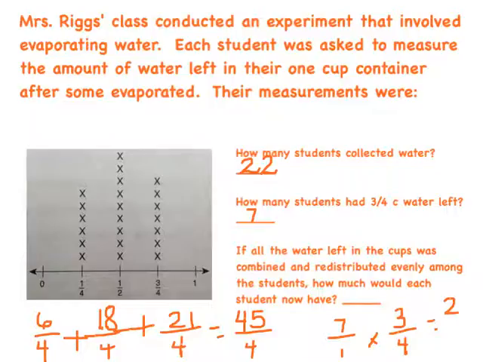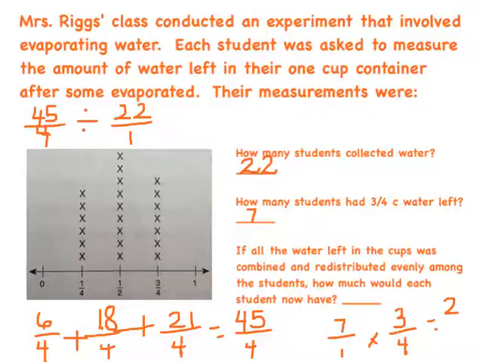So I have 45 fourths that I'm going to divide by 22. So let's go up here and get some space. 45 fourths divided by 22.